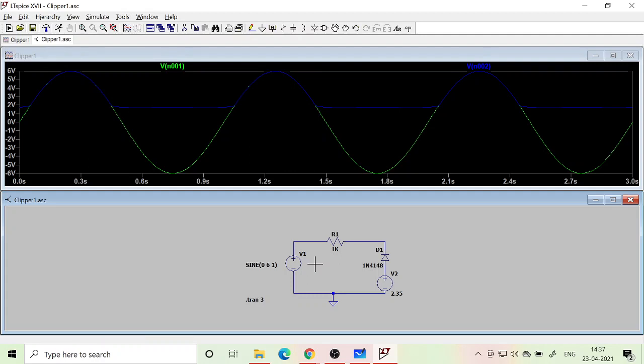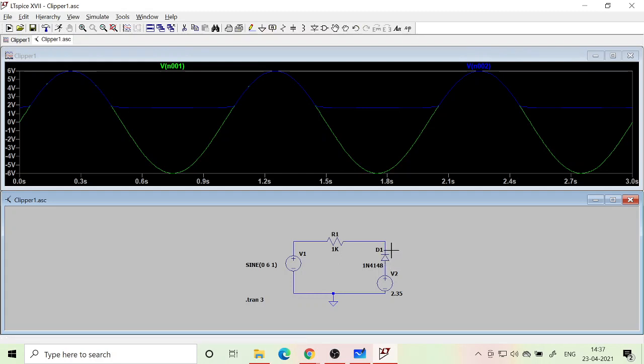Right now it is basically 2.35. So let's see, when is this diode getting forward biased? This diode is getting forward biased when the input voltage is 2.35 minus cut-in voltage, right? 2.35 is the voltage on the P side.